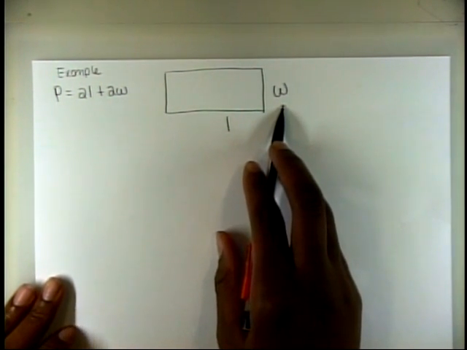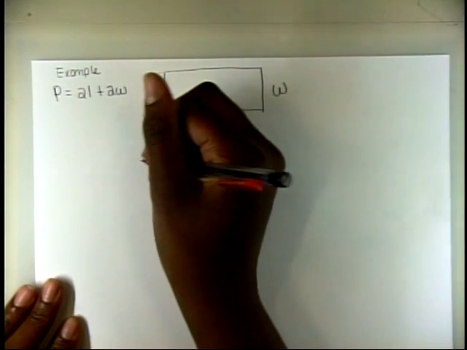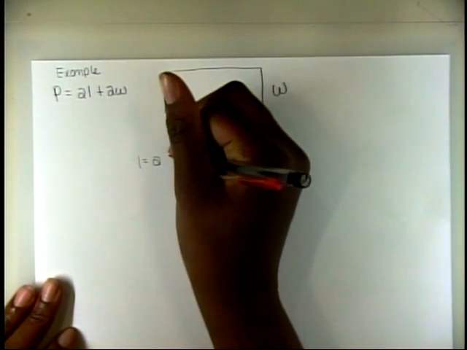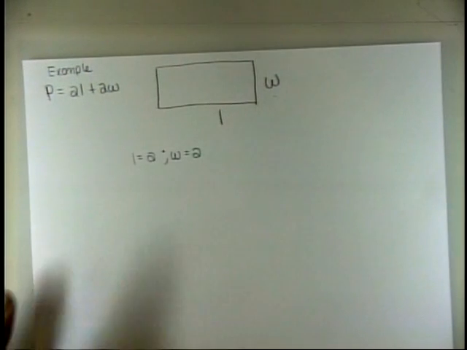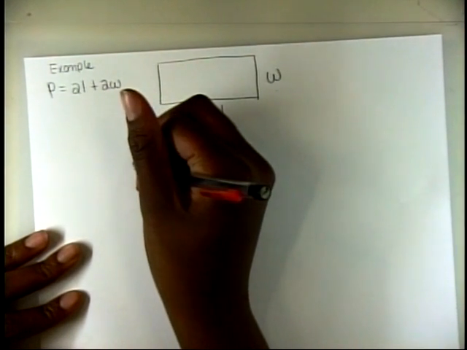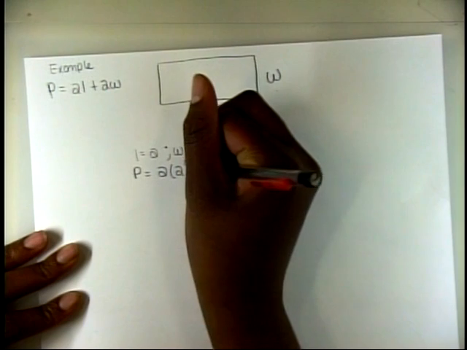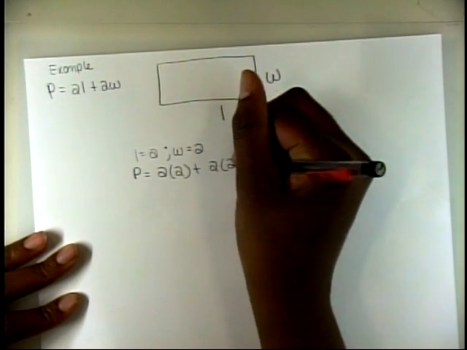The example for this is L equal to 2, W equal to 2. We will plug these into the formula to find the perimeter. P equals 2 times 2 plus 2 times 2.